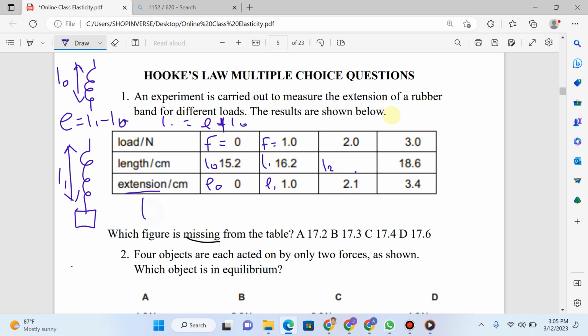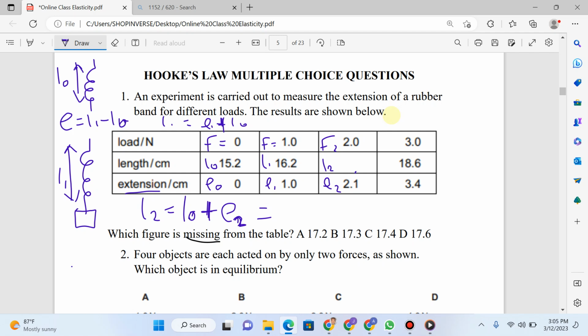So L2 is equal to L0 plus E2. So these are L2, these are E2, and this is F2. To get L2, just add E2 to your L0.